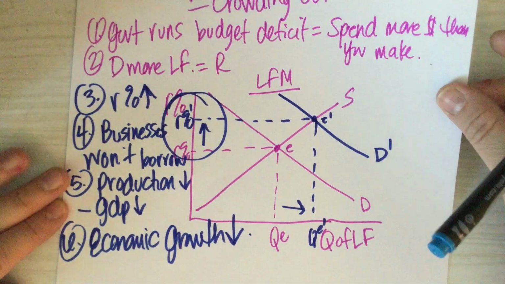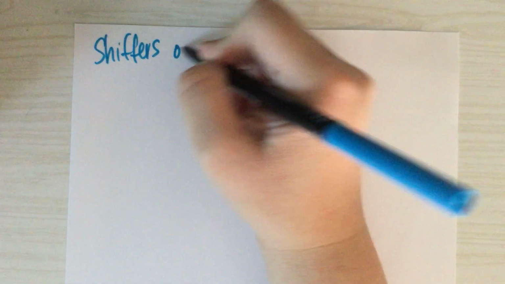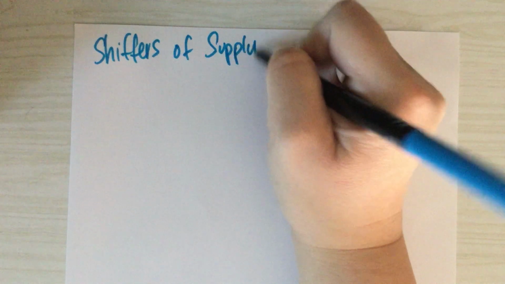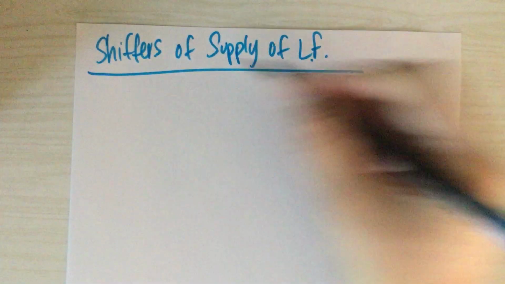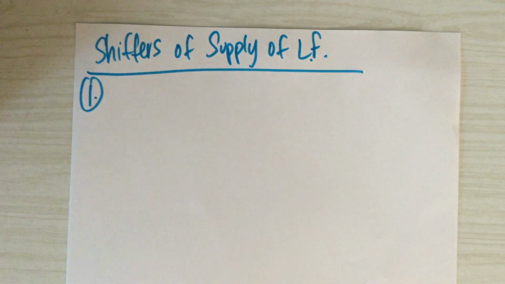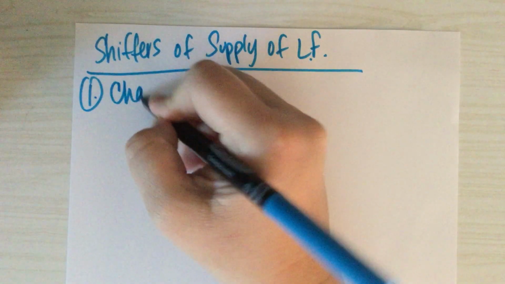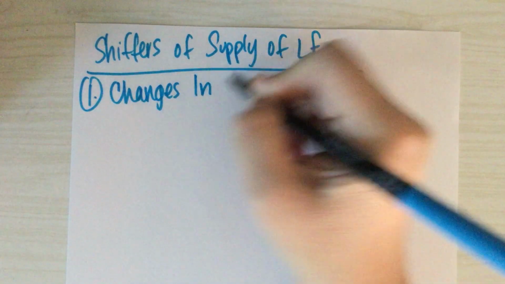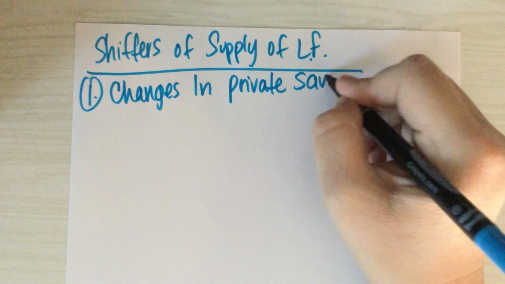Okay. Alrighty, let's go back then to the shifters of the supply curve. So shifters of the supply of loanable funds, I should say. The very first one, and we said that savers saving their money. So one of the shifters is changes in private savings behavior.